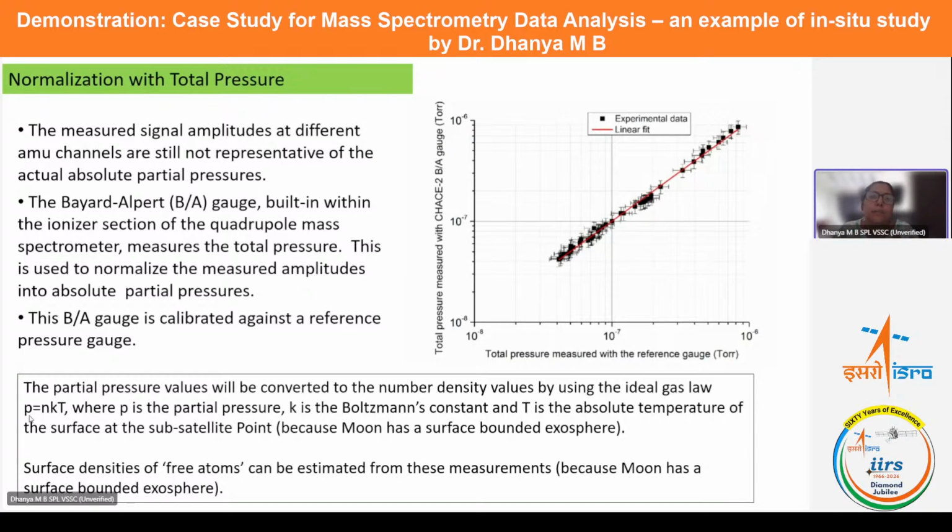There was a mission called LRO, on which there was a payload called Diviner, which measured the surface temperature. From the Diviner measurements, surface temperature maps are available. So we can substitute the temperature value here and then obtain the density.